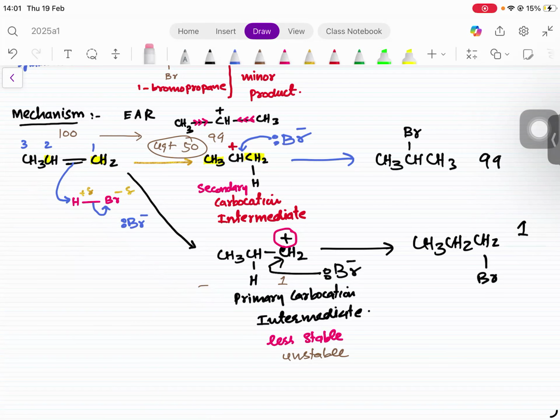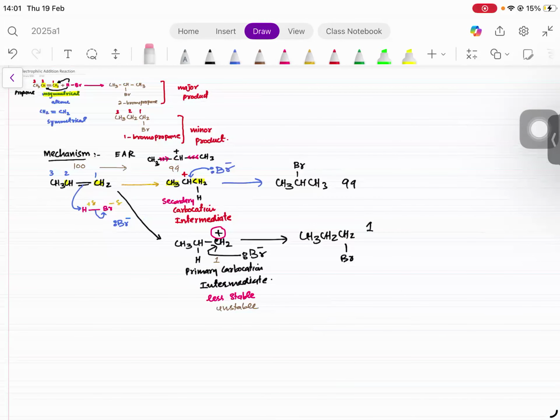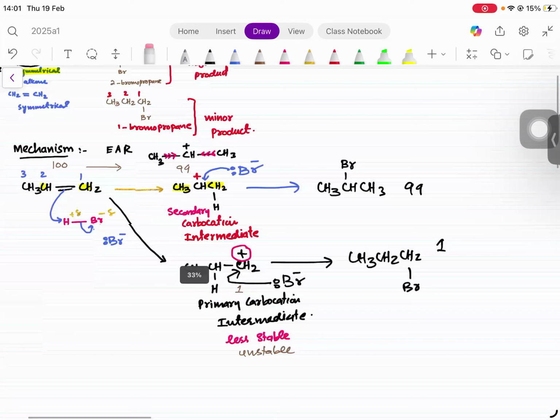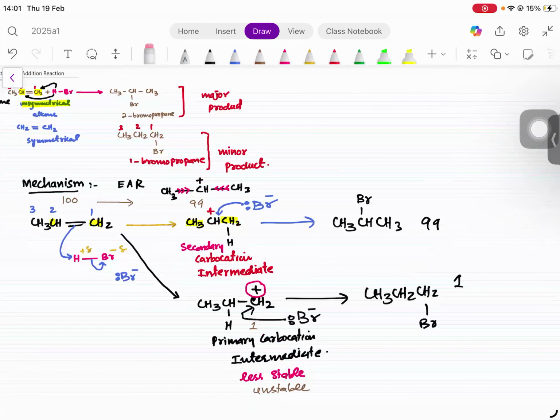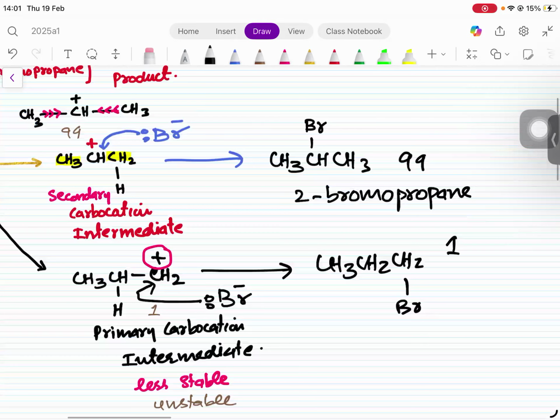So I hope you understood my point. This major and minor product is linked with the stability of the intermediate carbocation. So 2-bromopropane is the major amount product.